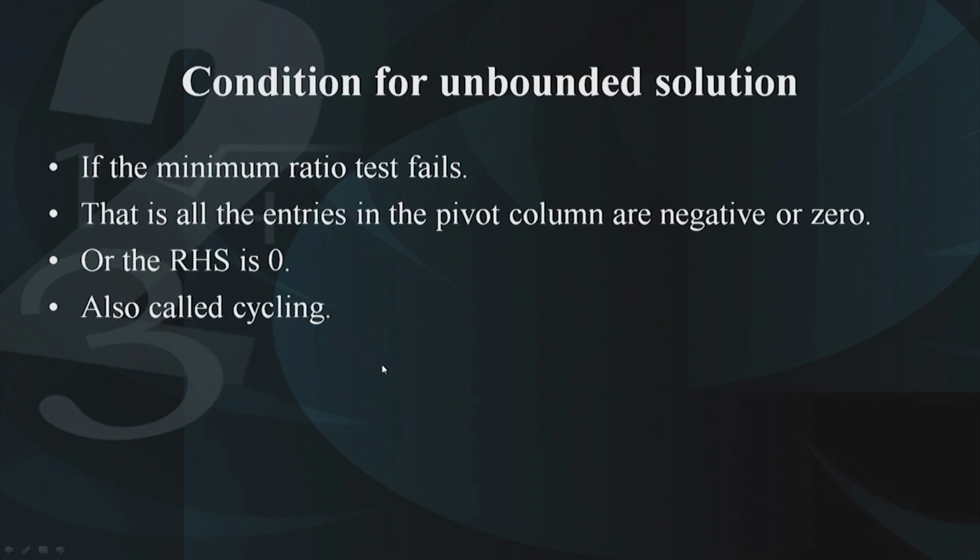So, we can conclude that if the minimum ratio test fails, the problem has an unbounded solution, that is, all the entries in the pivot column are either 0 or negative.